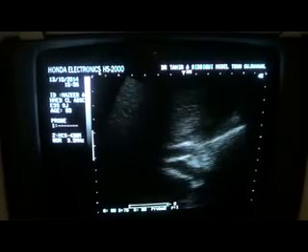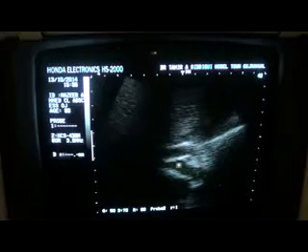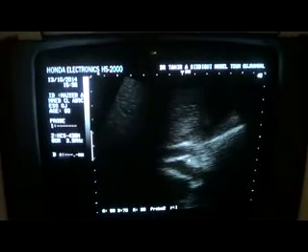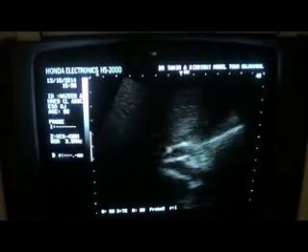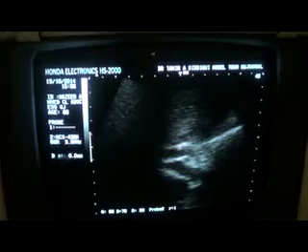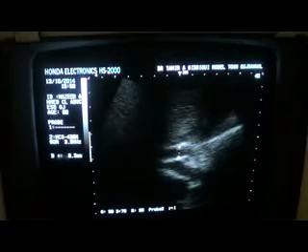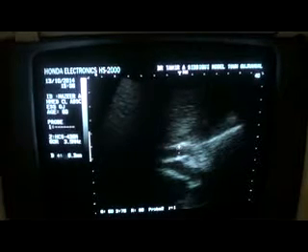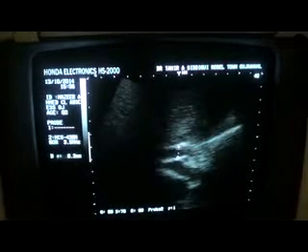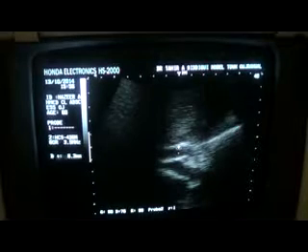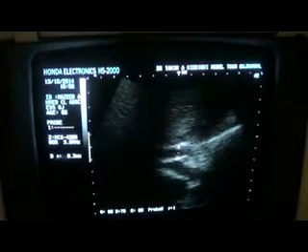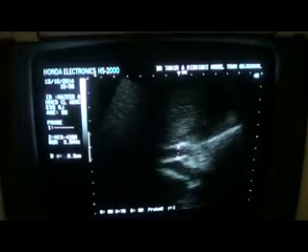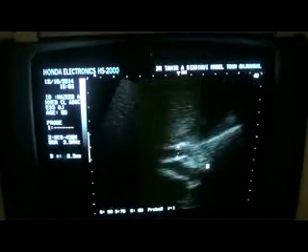Okay. This is the portal vein. This is the hepatic artery in transverse section. This is the common bile duct, and the common bile duct measures 8.3. This is a mildly dilated common bile duct, because up to 7 is considered normal if you see the gallbladder is present.